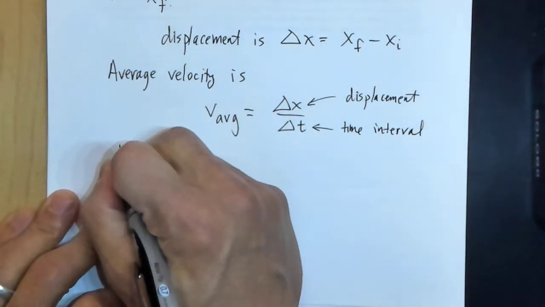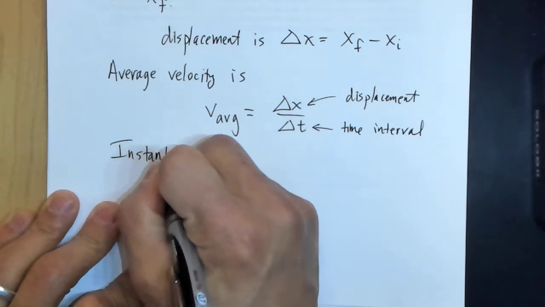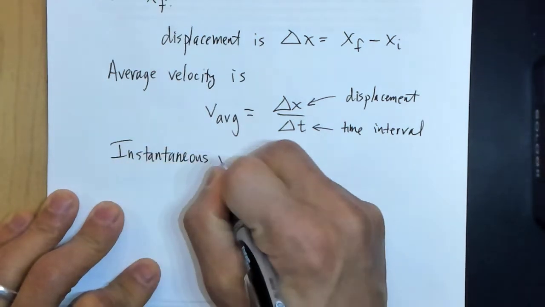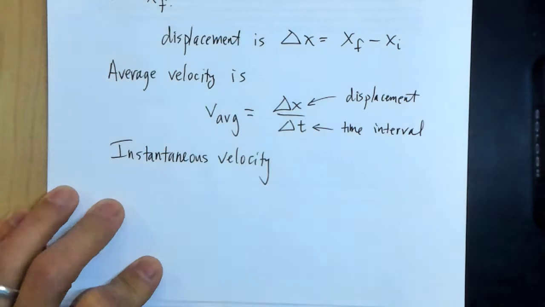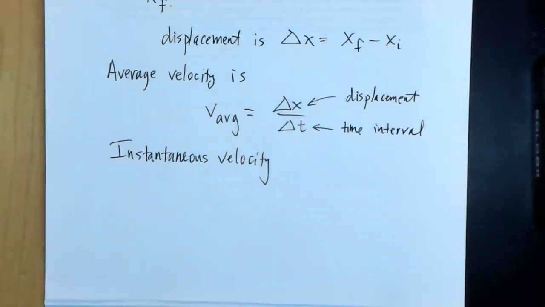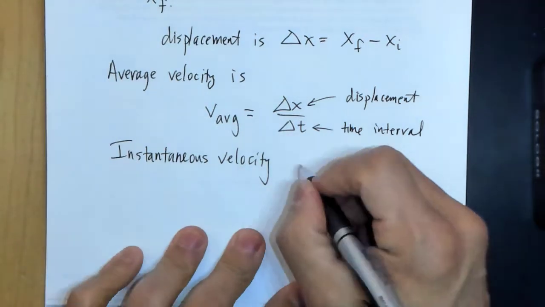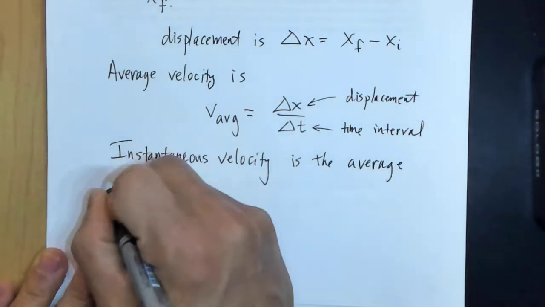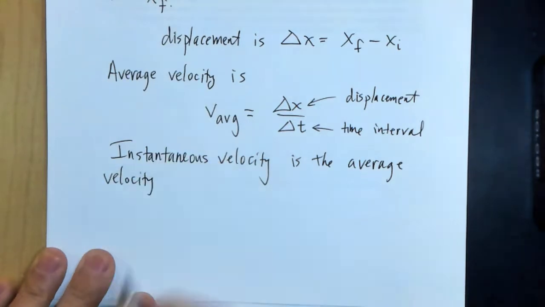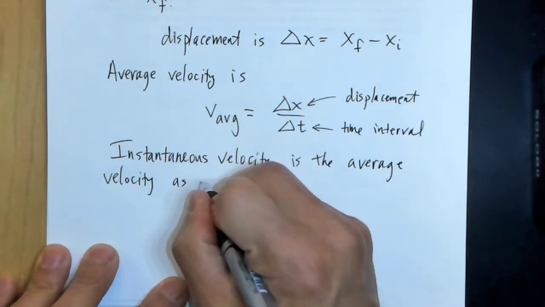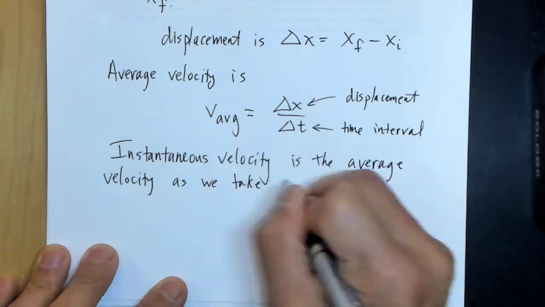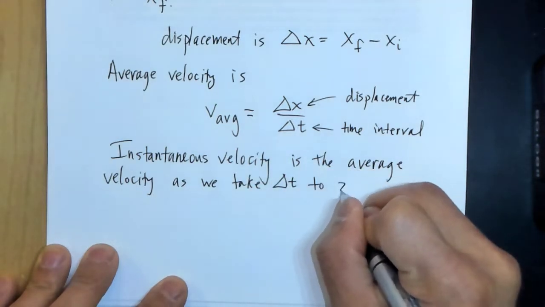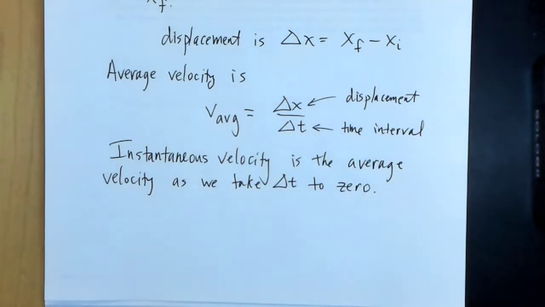We can also define something called the instantaneous velocity. And the instantaneous velocity is the average velocity, but as we take delta t to 0. So we take an interval of time that gets smaller and smaller and smaller. Okay? So we take what's called the limit.